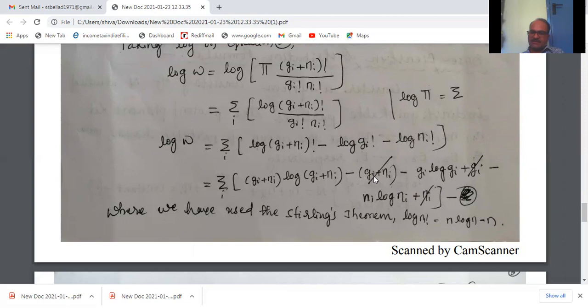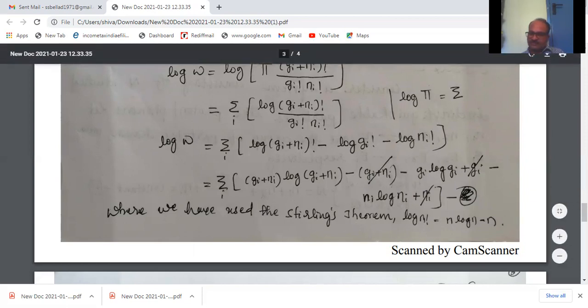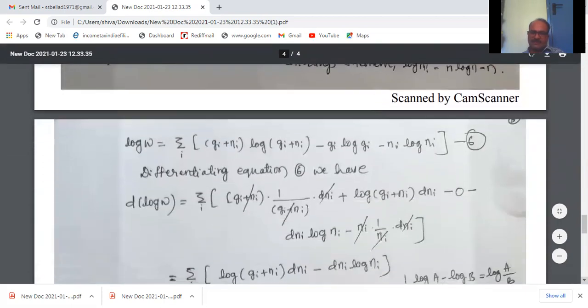So here, the gi plus ni terms get cancelled because of the plus and minus signs, and we write the remaining part. The remaining part is log omega. Log omega is equal to summation over i of (gi plus ni) into log of (gi plus ni) minus gi log gi minus ni log ni.